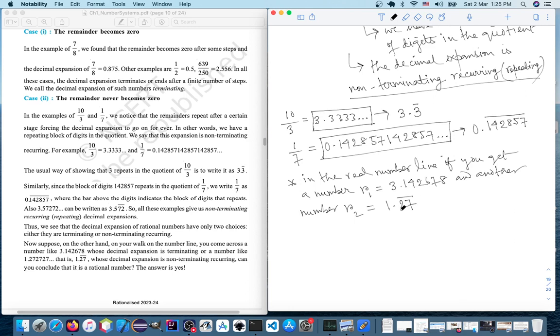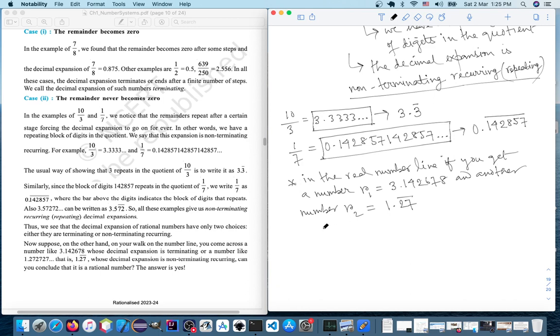R1 is a number having a terminating decimal expansion, and R2 is a number. We are not saying whether it is rational or irrational, we are saying that it is a number, and R2 is 1.27 bar, which means it has a non-terminating recurring decimal.